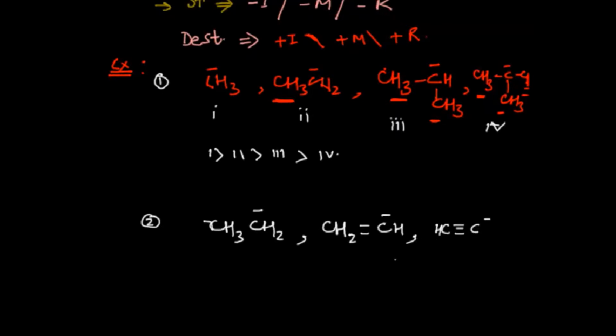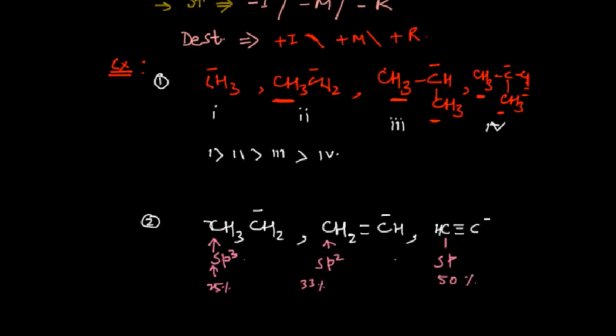We use another concept, the concept of electronegativity. The first is sp3, and sp3 has 25% s character. The second is sp2 hybridized, so it is approximately 33%, and the third is sp hybridized, so it is 50%.